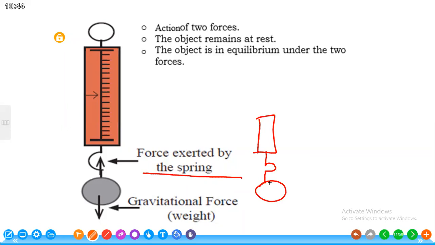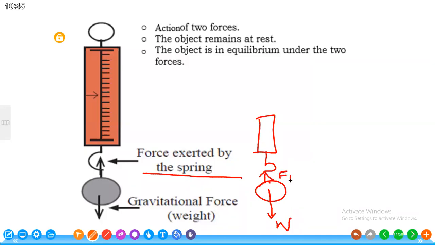The question is to indicate the forces acting in here. The first one, weight of the object, acts downwards, and the second one, force exerted by the spring, acts upwards. So label it F1 and W.